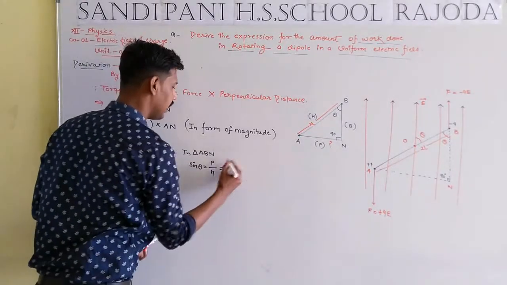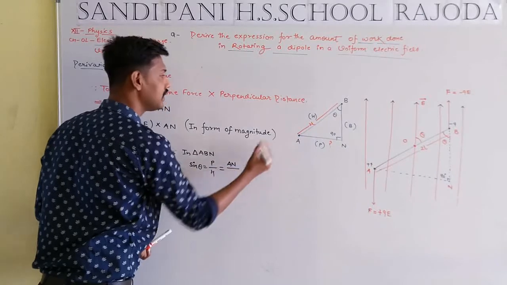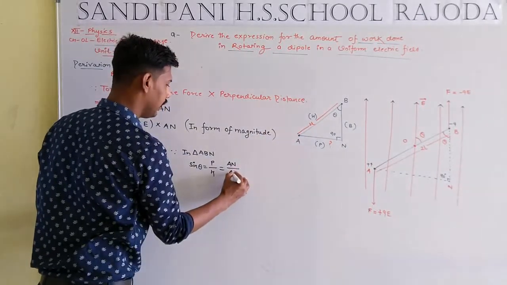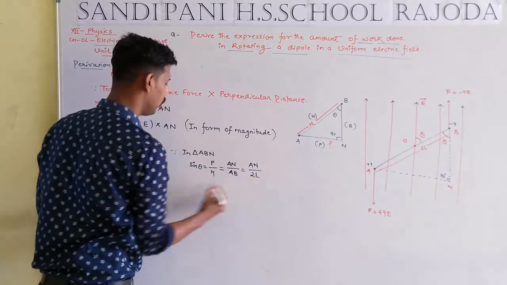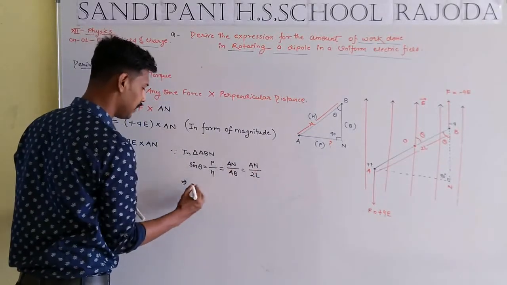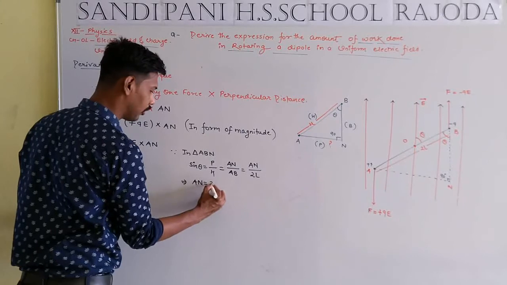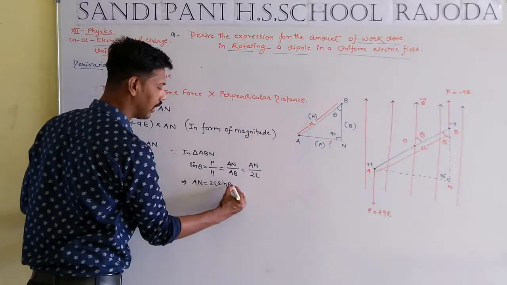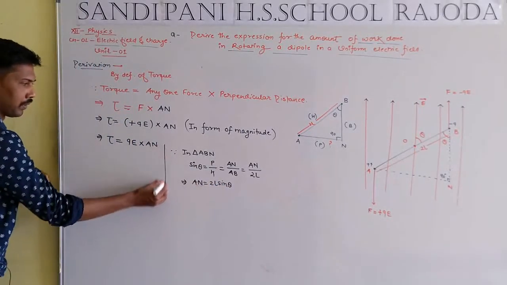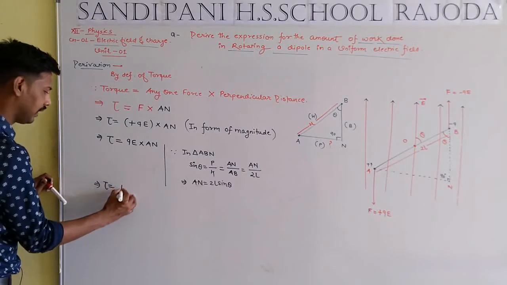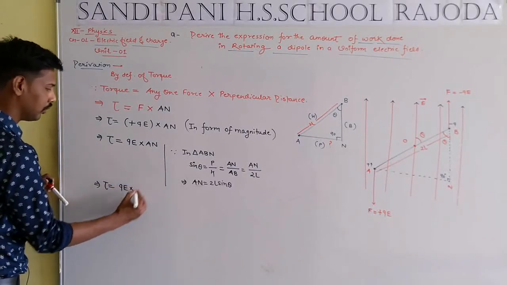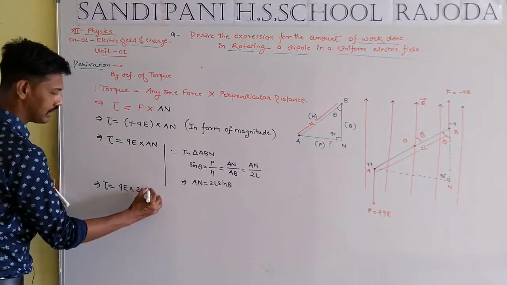Perpendicular means AN, hypotenuse means AB. AN is the unknown quantity, but AB is equal to 2L, so by cross multiplying AN will be equal to 2L sin theta. So by using the value of AN, we can write QE into 2L sin theta.